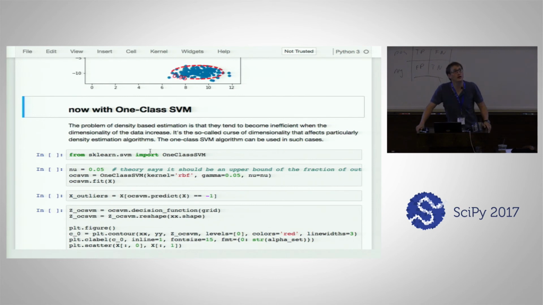So the question is, what if it's not blobby, what if it's not circular?